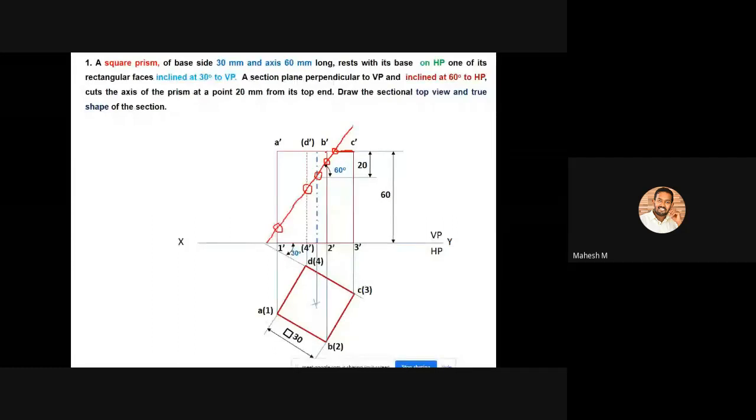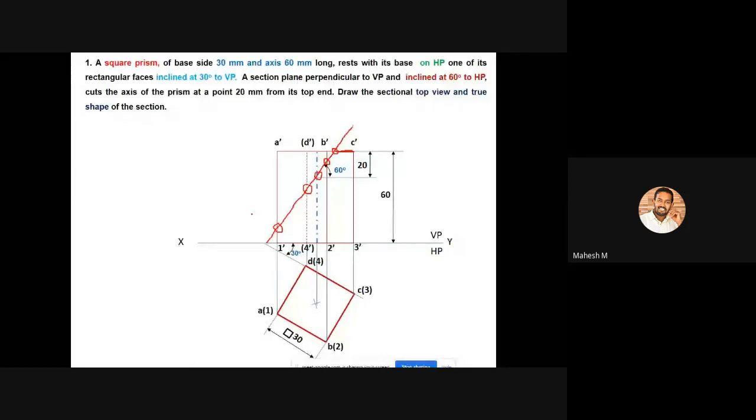Okay, so what's our next procedure? You have to project these 5 cutting points towards the top view. So before that, please locate the position of the cutting point.